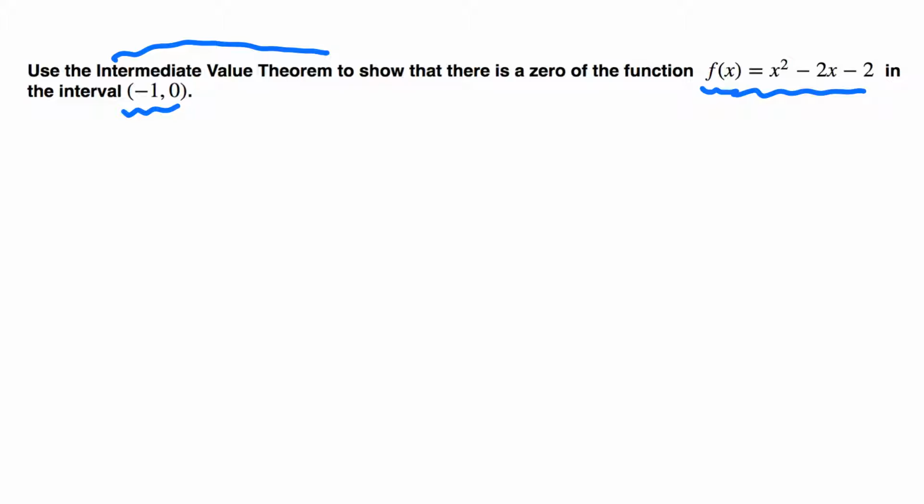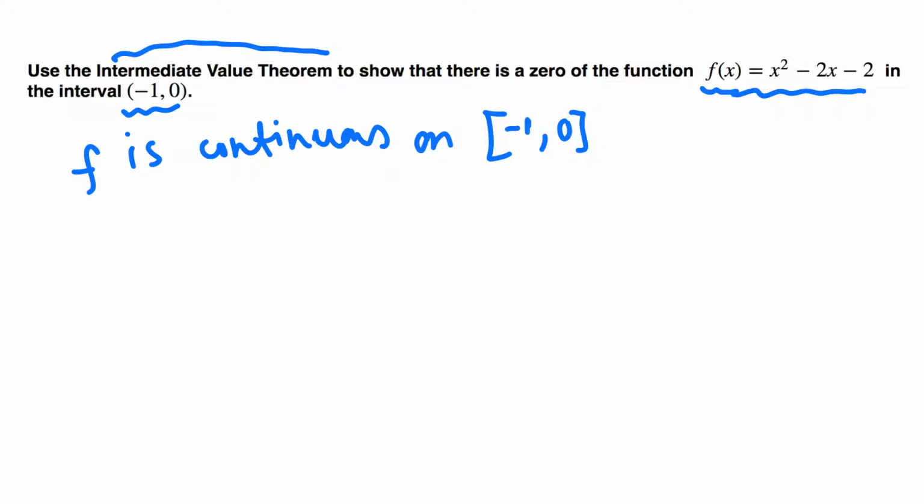So obviously here. So let's write that this function f is continuous on the closed interval here, so -1 through 0, inclusive, being a polynomial.